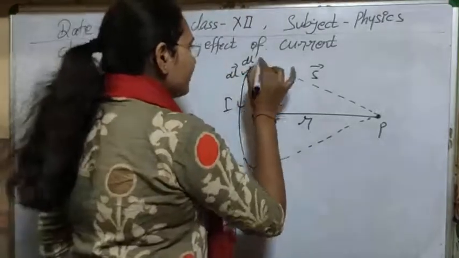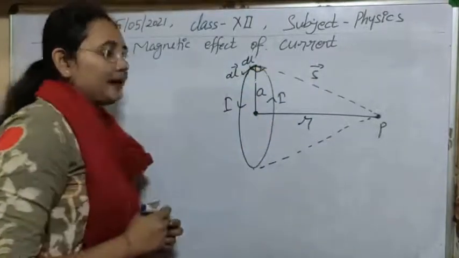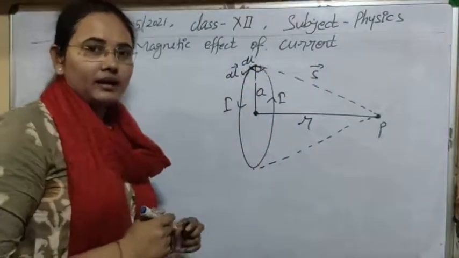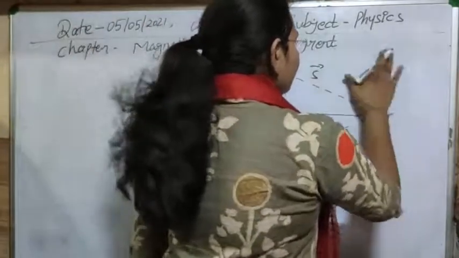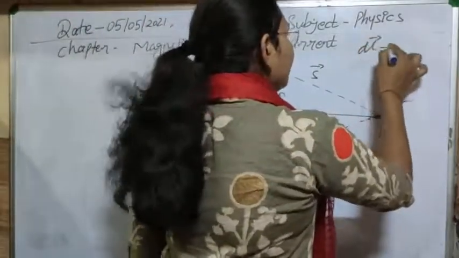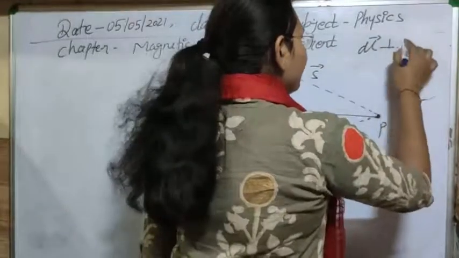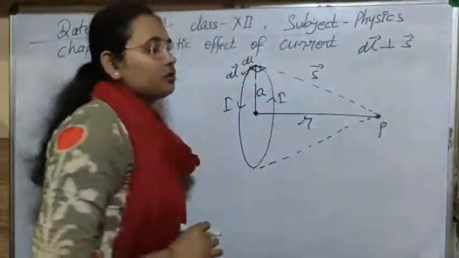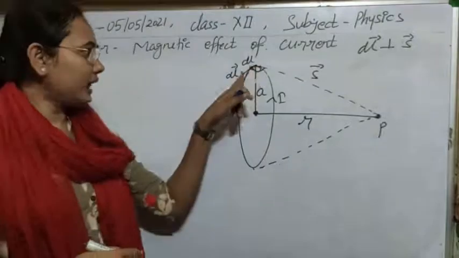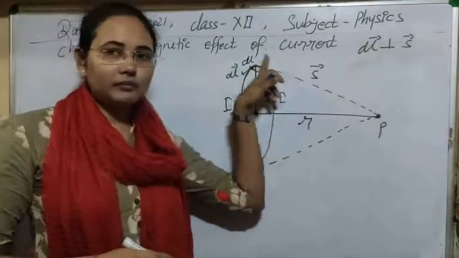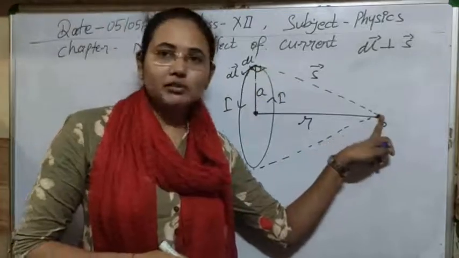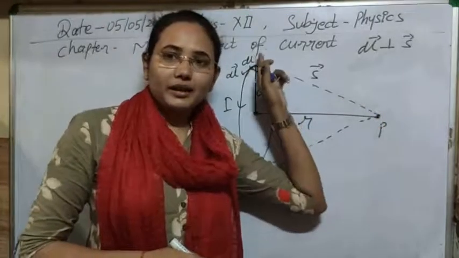So the angle between dl and s is again 90 degrees. It means I will write dl is perpendicular to s. Don't be confused: this tangent is the direction of dl, and this is the point through which we are meeting this current element dl.